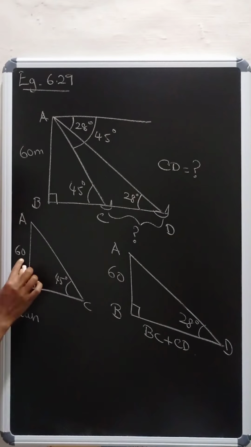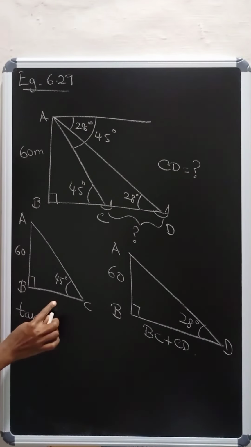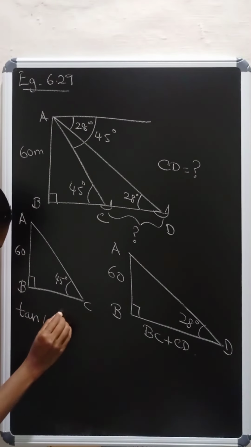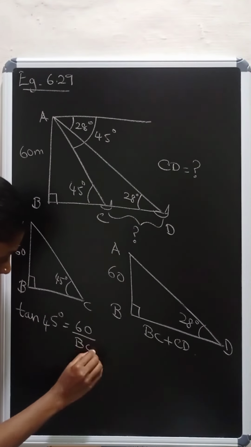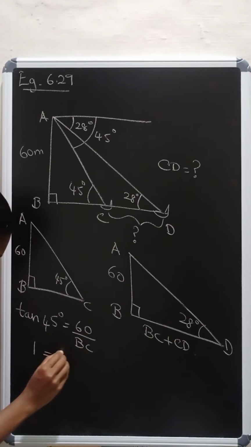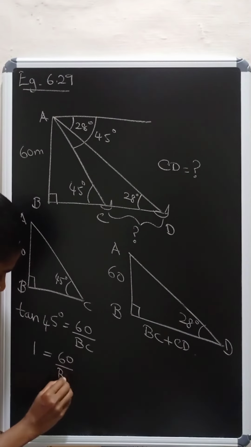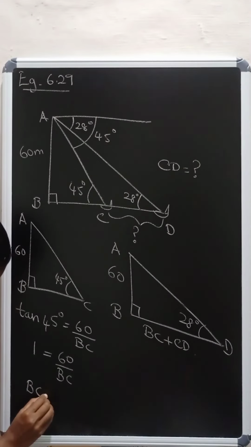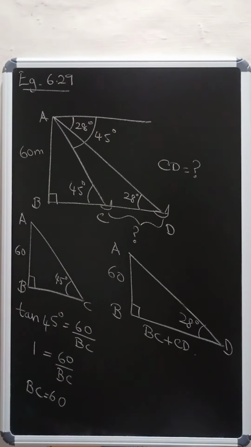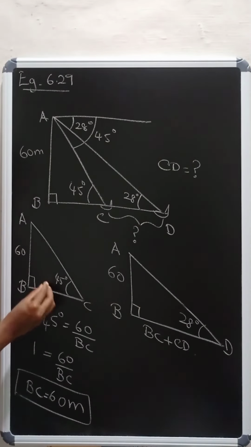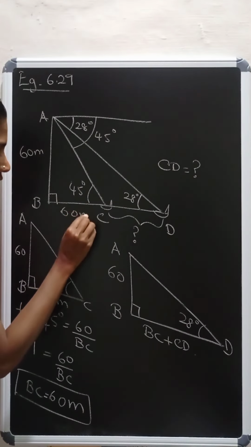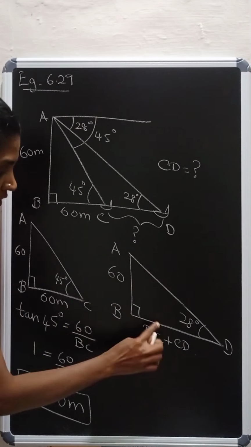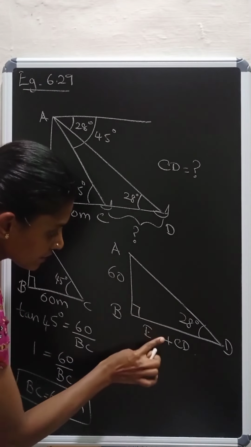Angle you will take tan theta, because you have opposite and you need adjacent. So tan 45 degrees is equal to opposite by adjacent. Tan 45 value is 1, 60 by BC. So BC is equal to 60 meters. Here 60 meters. Now this is 60 plus CD.